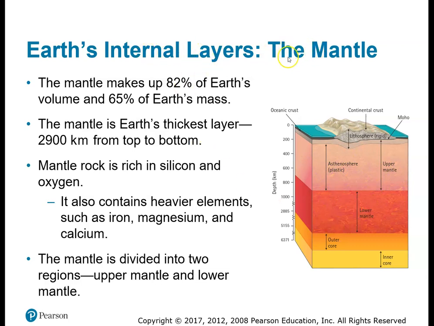Anyhow, this next thing is we're going to further examine the mantle, which, by the way, takes up, by volume, 82% of the Earth's entire volume, right? And 65% of the mass is this thing that we call the mantle. Notice we've already divided the mantle into, someone, I forget who, found that there was a boundary right here between the upper mantle and the lower mantle.